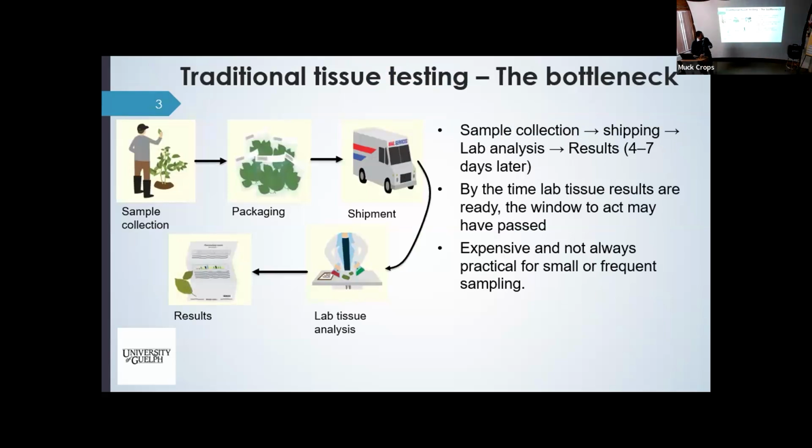The practice for those that use tissue testing involves collecting the samples from the field, packaging these samples in a way that is acceptable by the lab, shipping them off to the lab, and then waiting for the lab to give you back your results. This whole process can take 4 to 7 days before you can get your result.